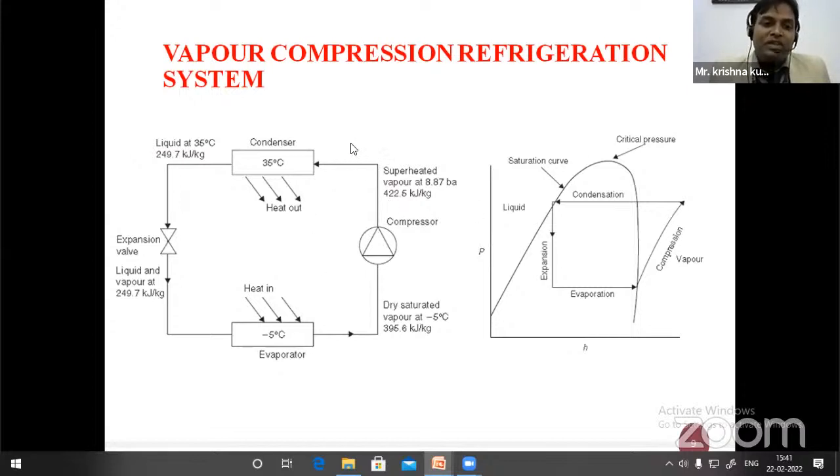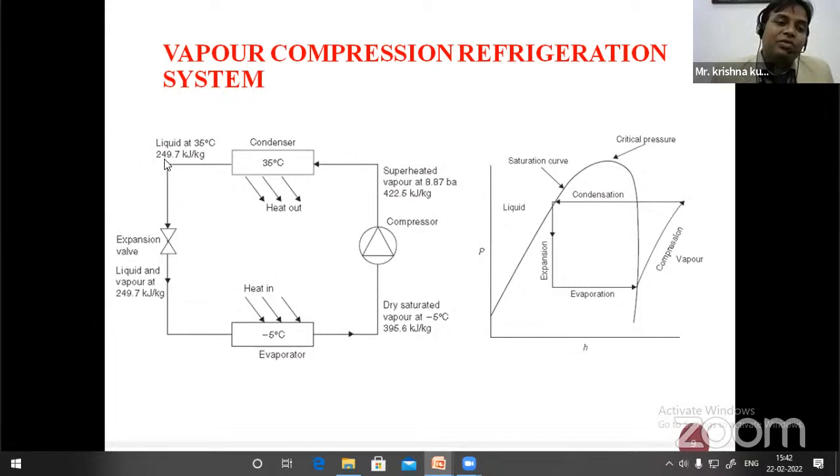After the compression, it needs to be cooled down. How can we cool down? With the help of the condenser. In our fridge, generally there are air cooled condensers where its temperature decreases, and also the phase of the refrigerant changes. In the compressor we have vapor form; in the condenser it converts from vapor to liquid.